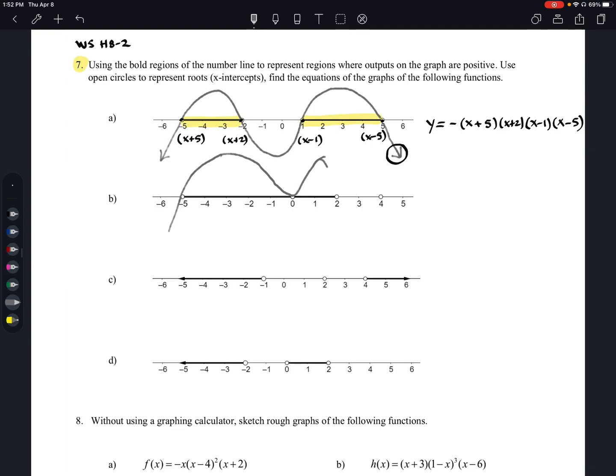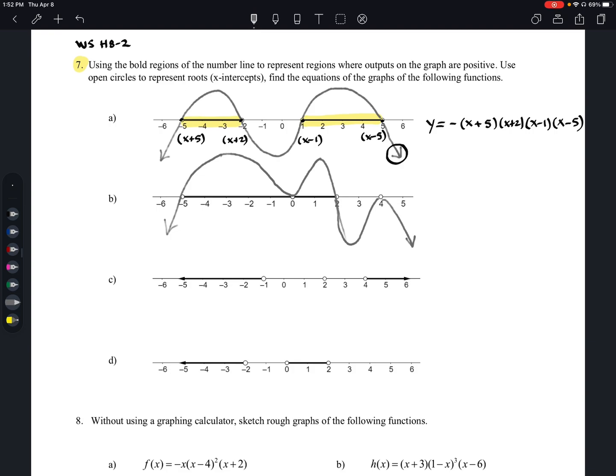And then curve and go back down through. And then don't forget about this other little piece. As we come back down, we have to curve and come back up and hit it and then come back down. A few people usually overlook that last root at 4.